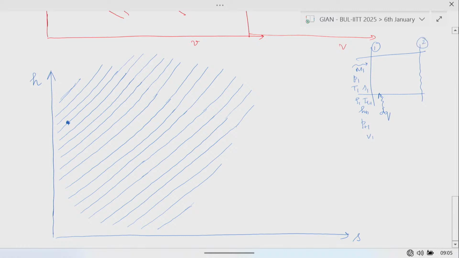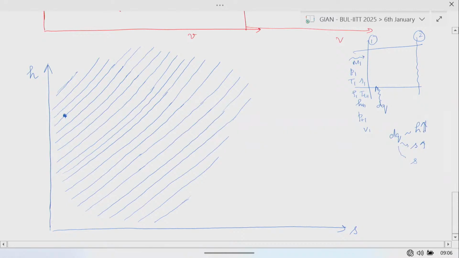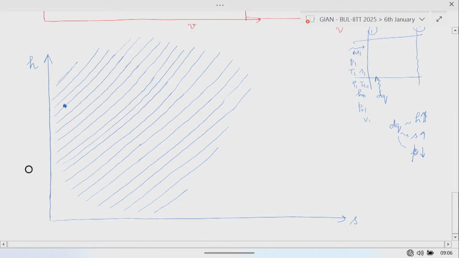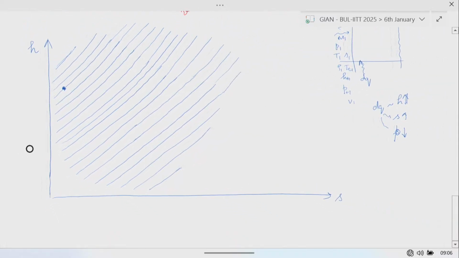Now what can we say here from what we have learned? The addition of heat will cause the enthalpy to increase, the entropy to increase, and the static pressure to decrease. Together with this, I'm also going to look at the energy equation.